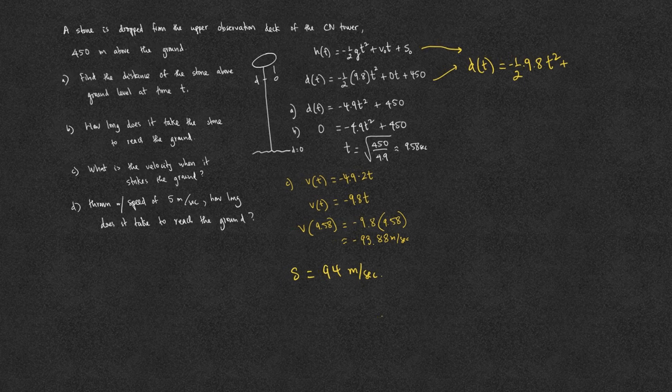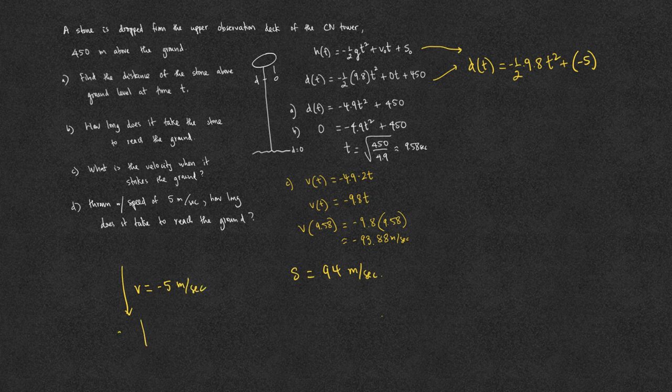This time the stone is being thrown, not dropped. Since the stone is being thrown downward, not upward, we use a negative velocity, which is negative 5. Even though we were given the speed of 5 meters per second, it is being thrown downward, so the velocity is negative 5 meters per second.